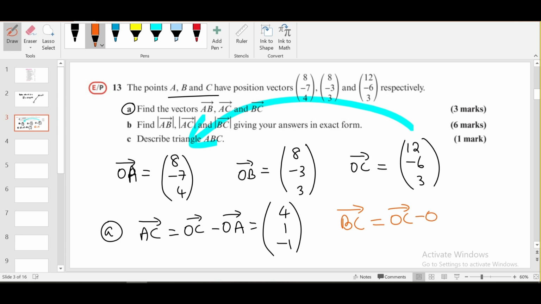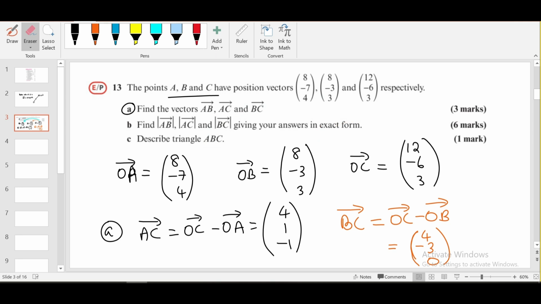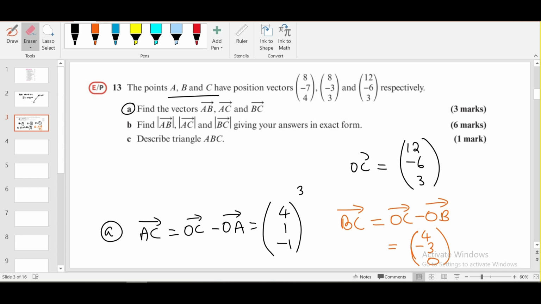Oh, sorry. OC minus OB, right? So you find OC minus OB, you'll get 12 minus 8, minus 6 plus 3, 3 minus 3 is 0. We got these three vectors already. Copy that please.